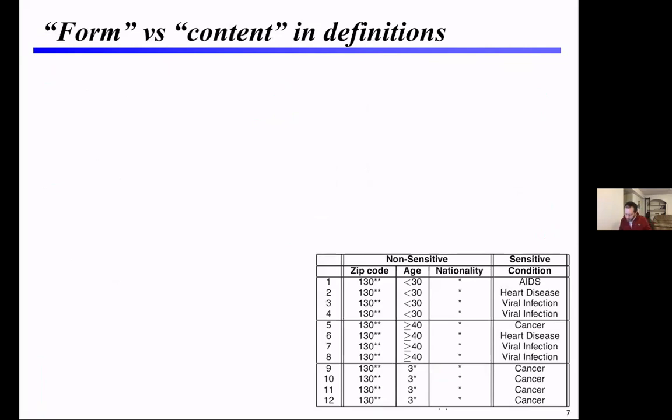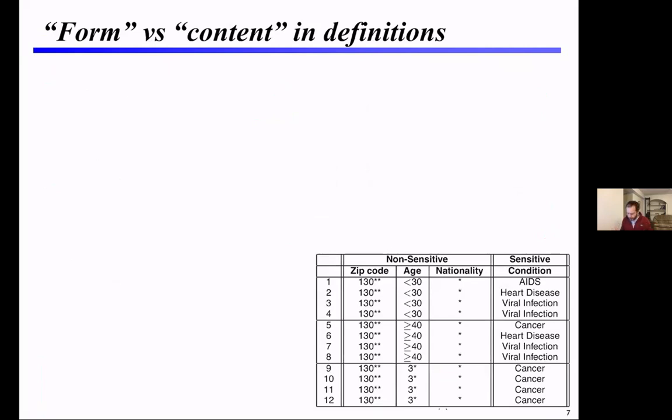Okay, so the last point I want to make about this approach is that it highlights another important point, which is the difference between focusing on the form of the output versus the information content when we're trying to define what it means to preserve privacy.